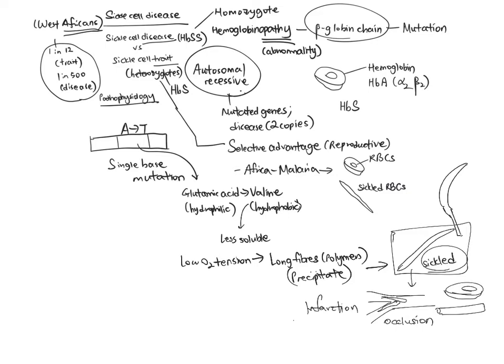That means less oxygen supply to certain tissues, and the tissue can eventually become ischemic and may necrose as a result. And it's very important to know this pathophysiology of what we have discussed, because it can explain many of the symptoms and clinical manifestations of sickle cell anemia by simply understanding this.